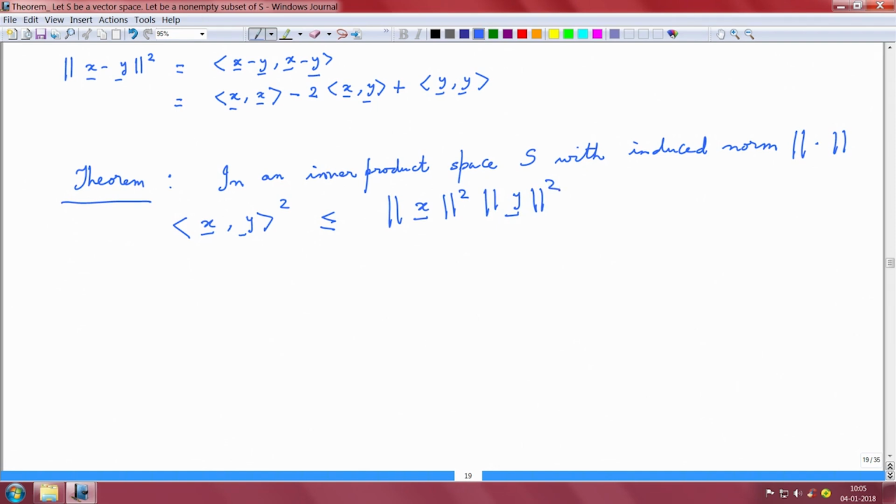So, this is the statement of the theorem. So, let us try to prove this result.